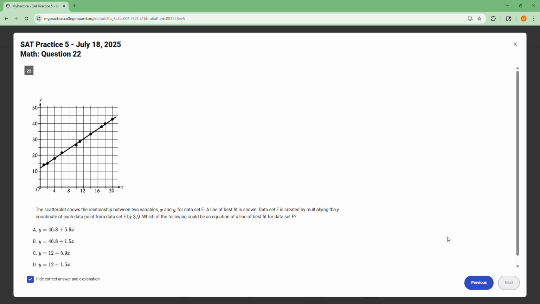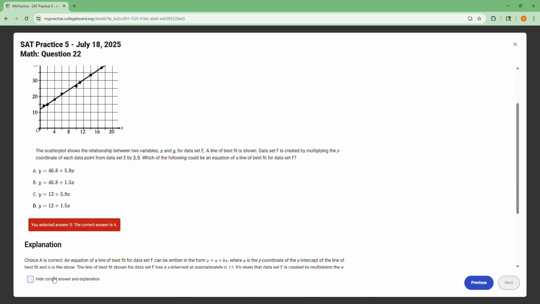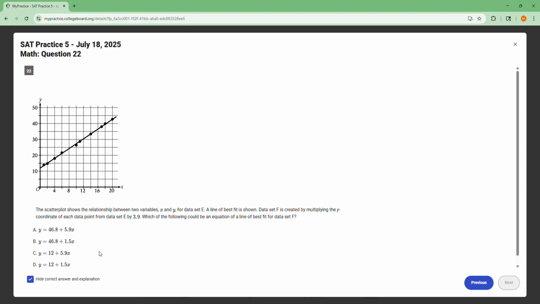And then 22. This is causing me a little bit of harm. You cannot visually intuit that.